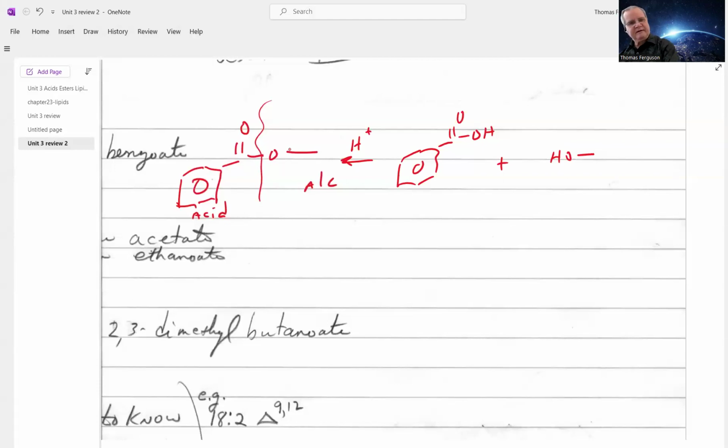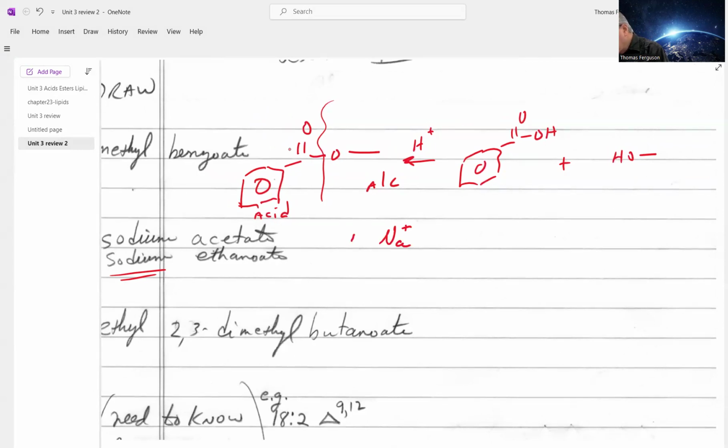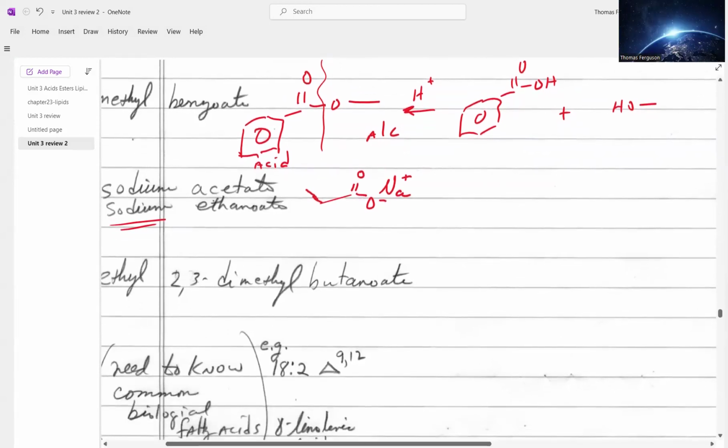Okay, so we have sodium acetate or sodium ethanoate. That's going to look like that.